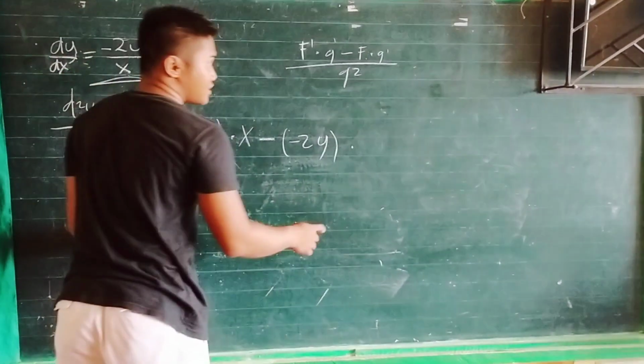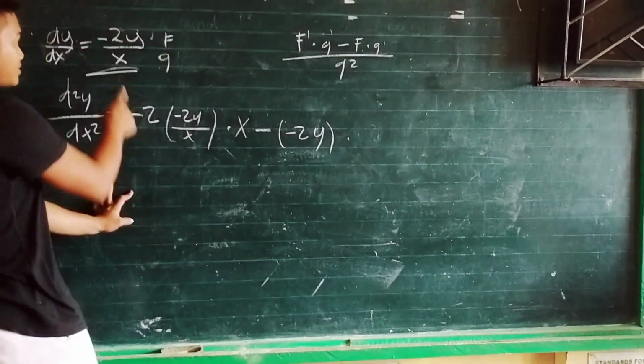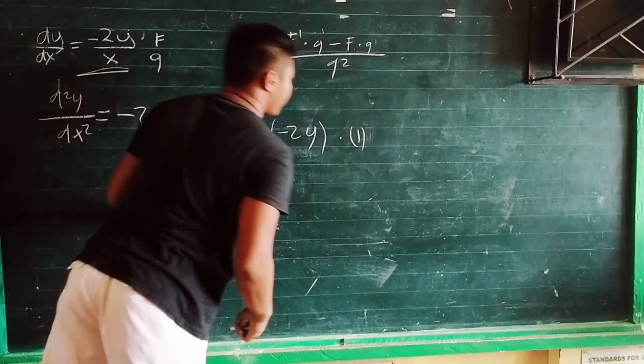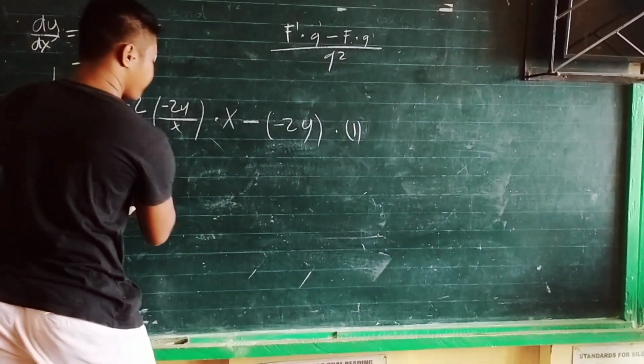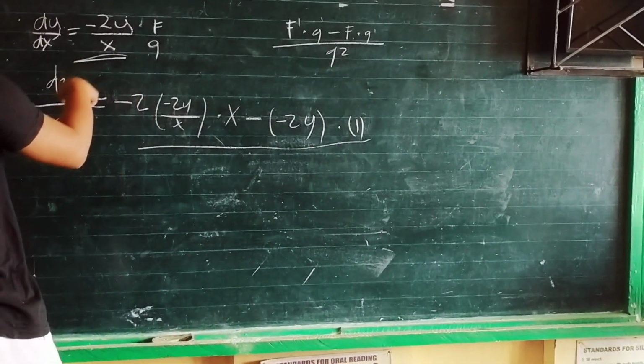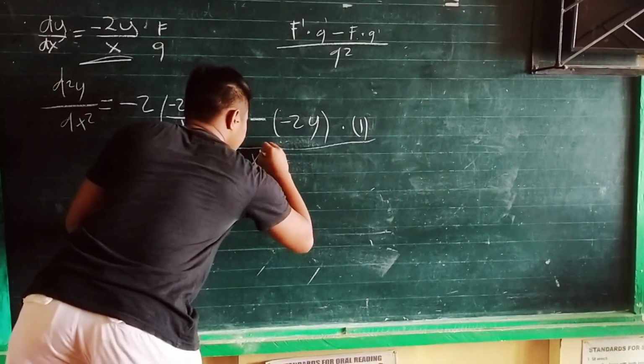So the next is we're going to get the g prime, which is x, so it must be 1, over our g here, x squared.